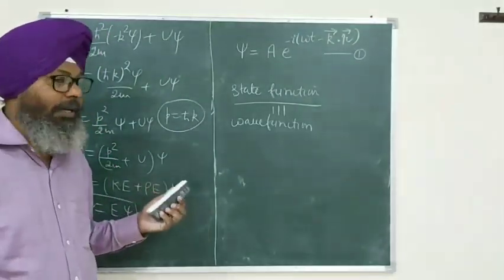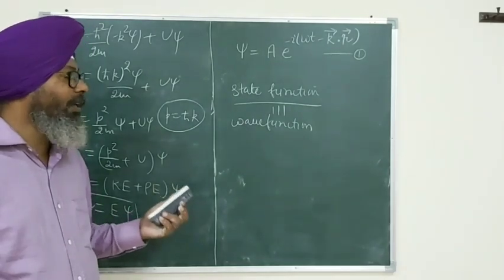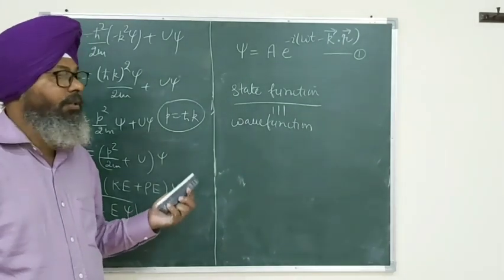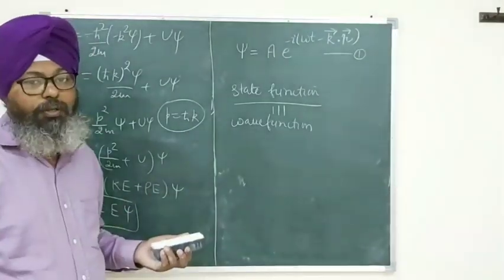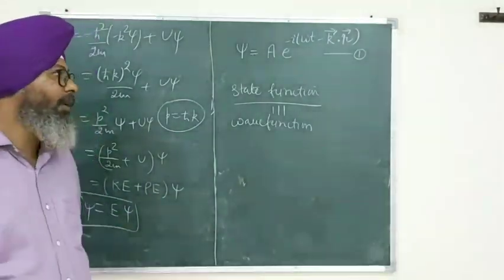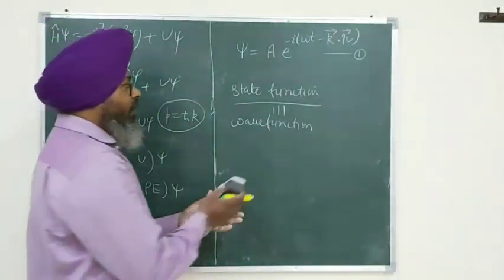So from today's discussion onward, we can without any hesitation say the phrase state function rather than wave function, and we can use them equivalently. We may not even mention it, so we can simply call it the state also.